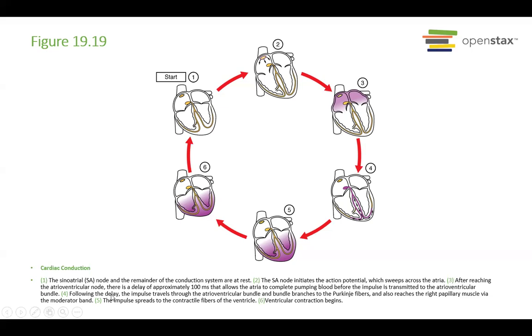Following this delay, the impulse travels through the atrioventricular bundle and the bundle branches to the Purkinje fibers, and also reaches the right papillary muscle via the moderator band. The impulse spreads to the contractile fibers of the ventricle, and ventricular contraction begins.